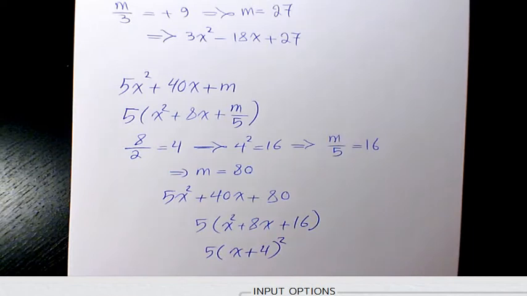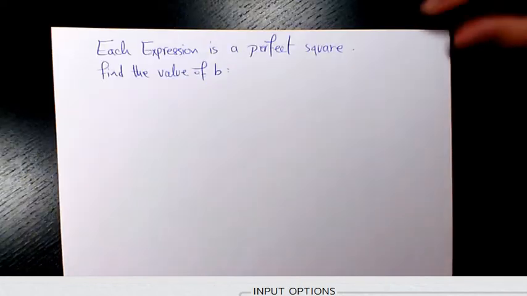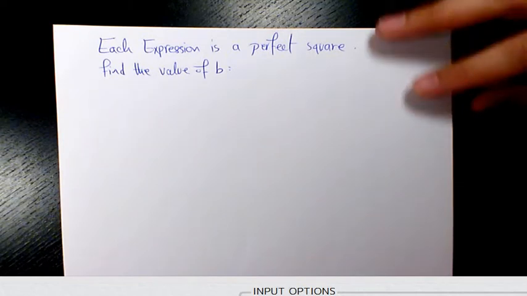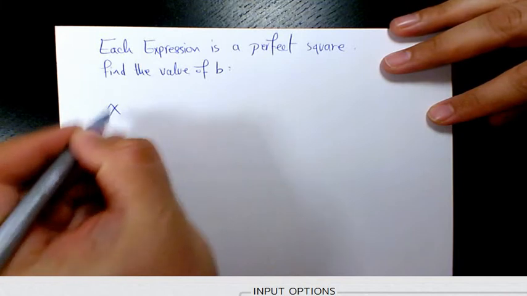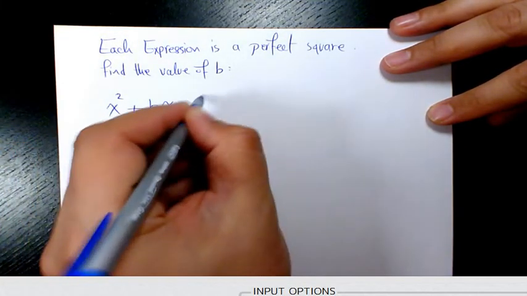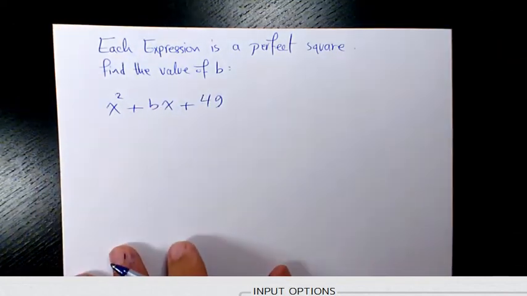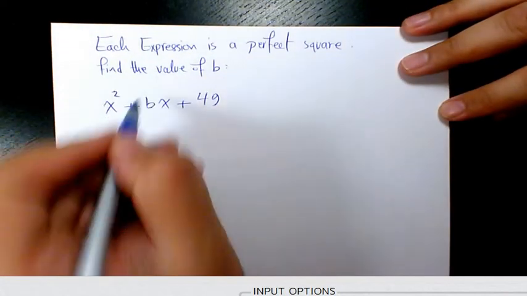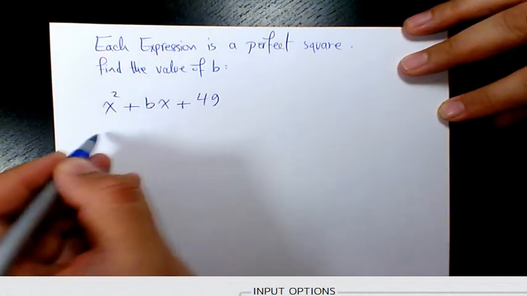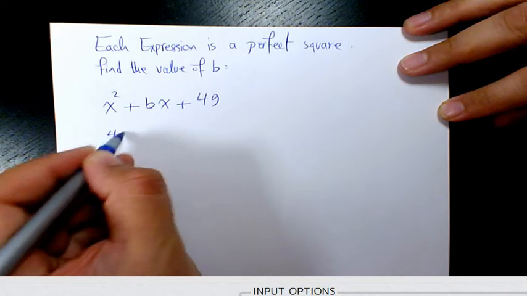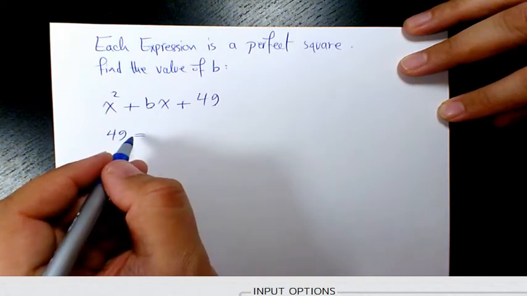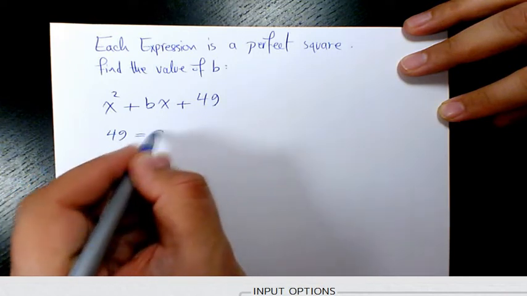Now let's see another example. In this example it says each expression is a perfect square, find the value of b. x squared plus bx plus 49. We're going to say 49 is going to be a squared.